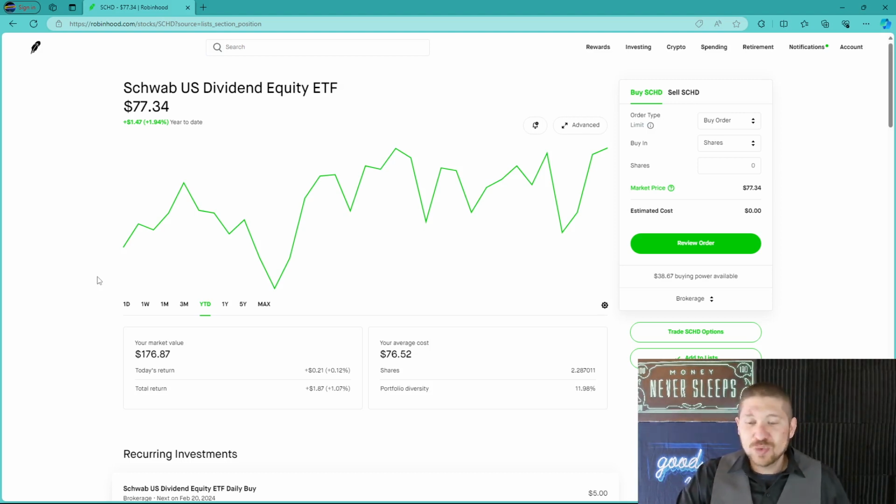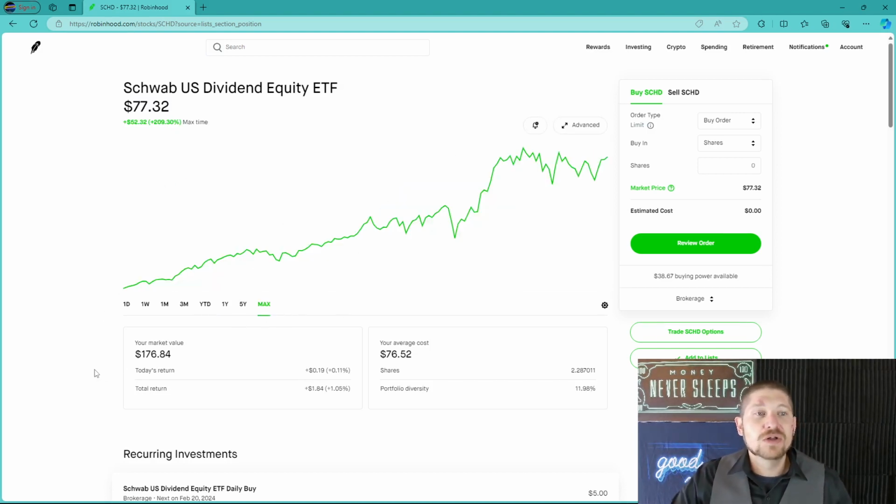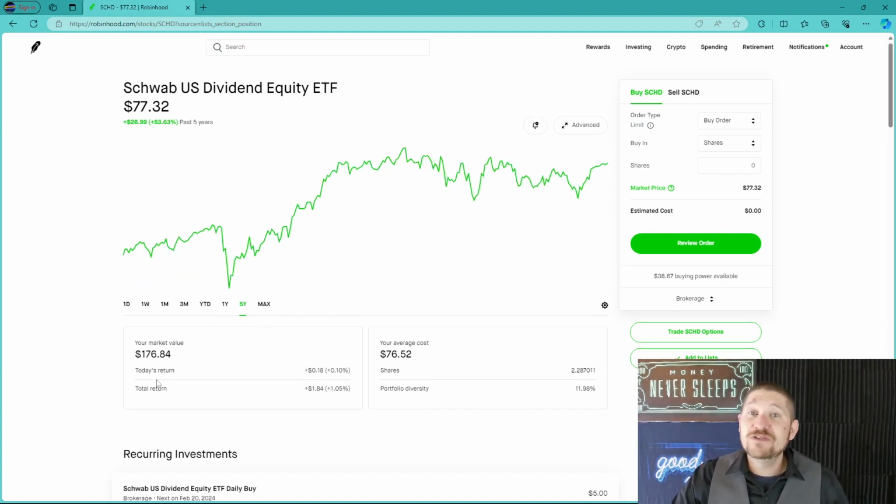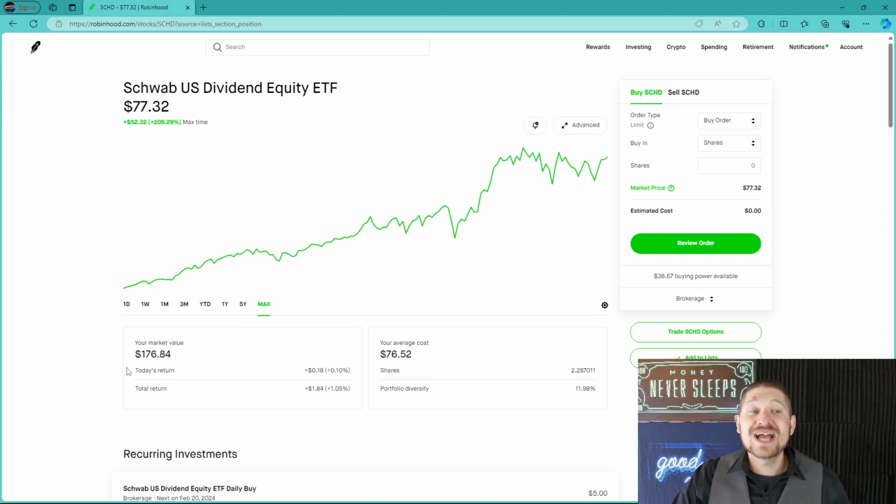Now guys, Schwab US Dividend Equity ETF does track the main market. Now, check this out. After 5 years, they're up 53%, and their max life 200%. Imagine buying this company in 2011 for $25.